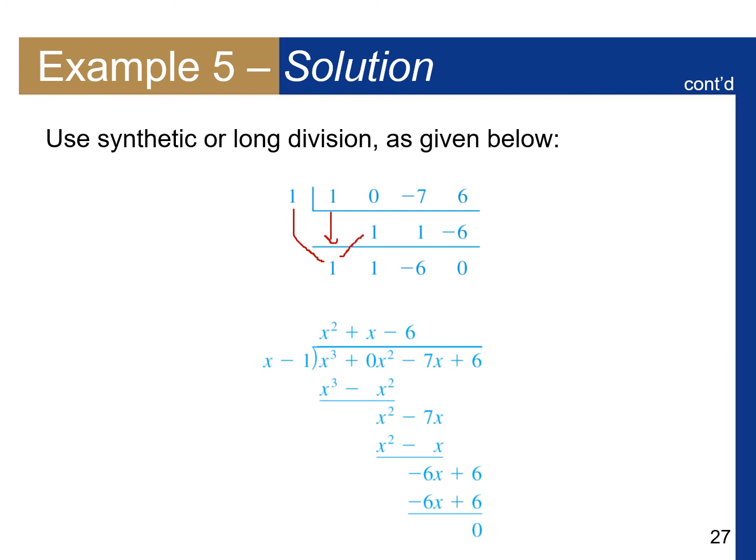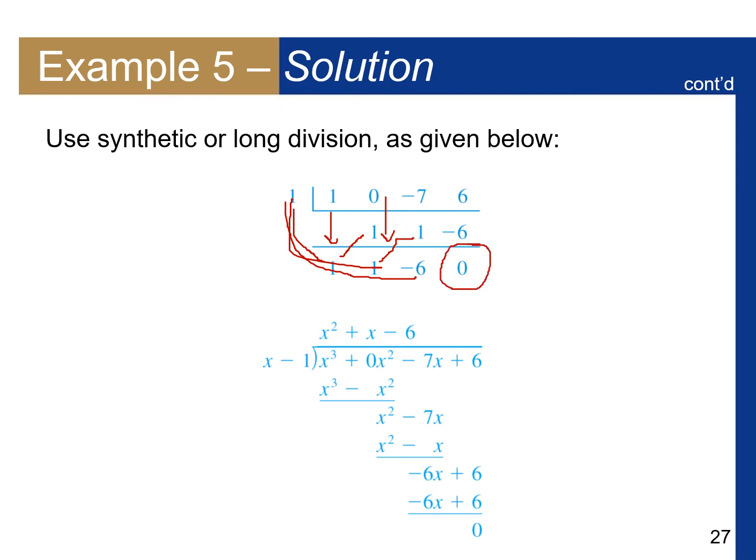Add straight down, I'll get 1. Multiply together again, bring it up here, add straight down, I get -6. My lines are getting crazy. Multiply together again, I get -6, add straight down, and ding, ding, ding, I get 0.